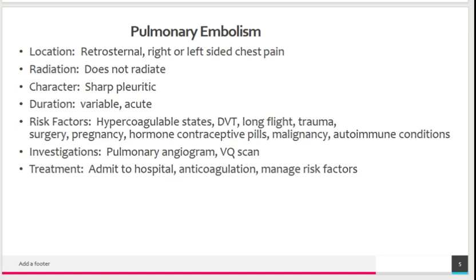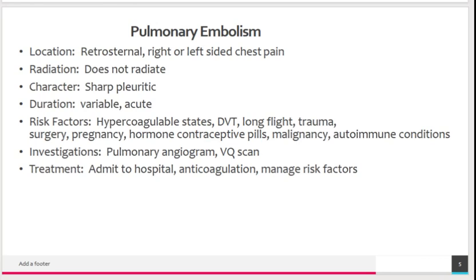Chest pain can also be due to a condition called pulmonary embolism. As the name indicates, there is an embolus or blood clot that gets dislodged in pulmonary circulation and it can be life-threatening. Risk factors of pulmonary embolism are hypercoagulable states, deep venous thrombosis, immobilization, post-op patients, or after trauma.